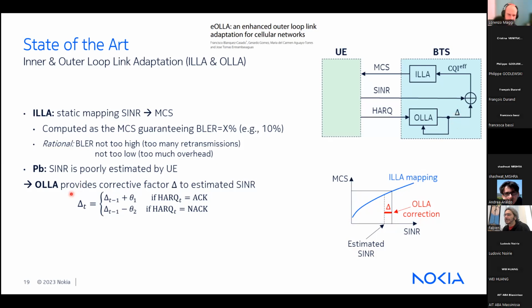And this delta is basically a correction factor that is computed in an iterative way as the previous delta plus something that is parameterized, which is positive if the communication got through, or negative if we have received the NACK.